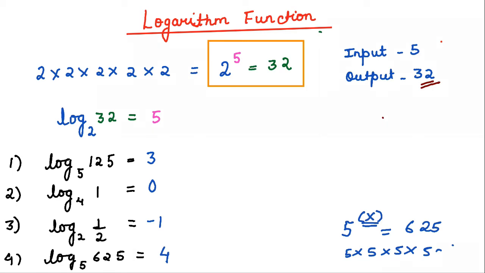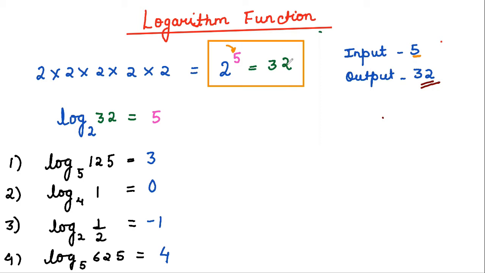So what we have seen is, whenever we are talking about log, it has actually come from exponents only. The relation here is, in exponents, we directly had the input and we were finding out the output. The input was there, I was raising 2 to the power 5, right?